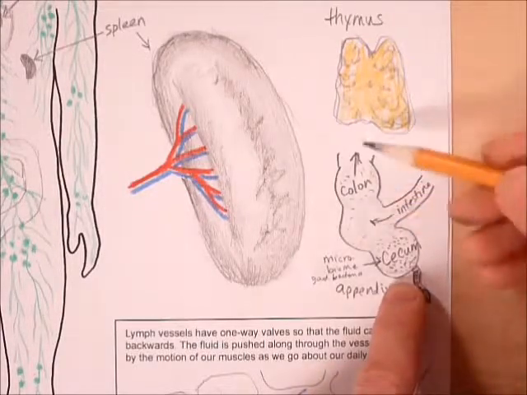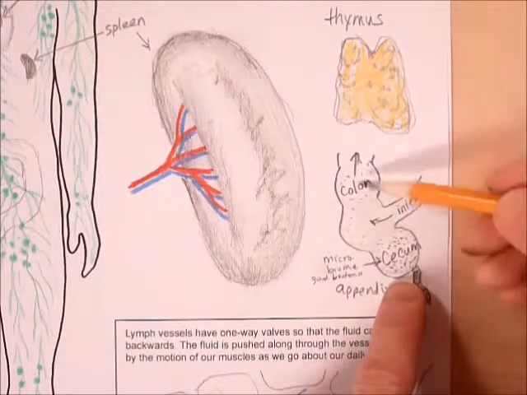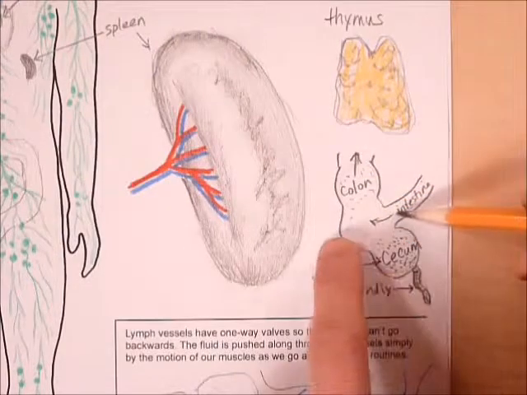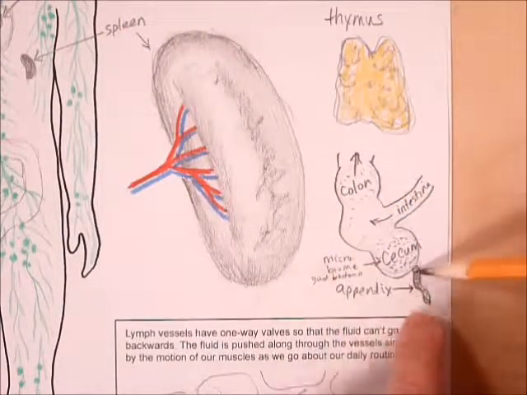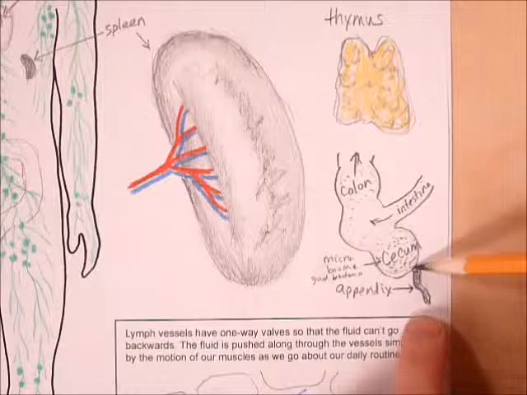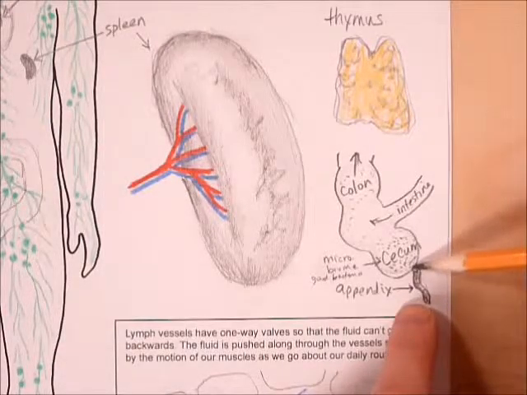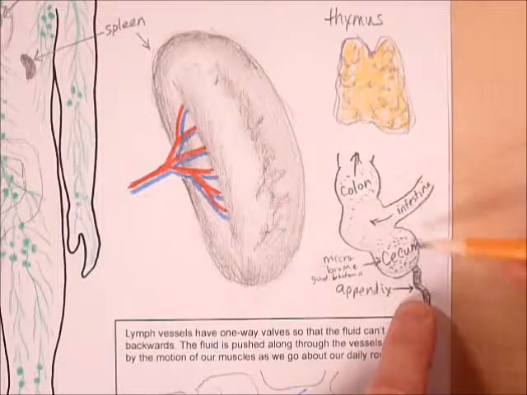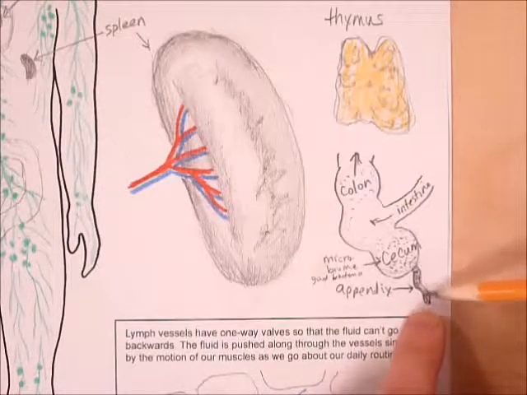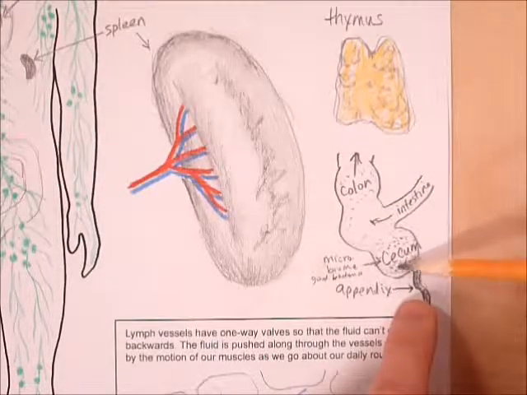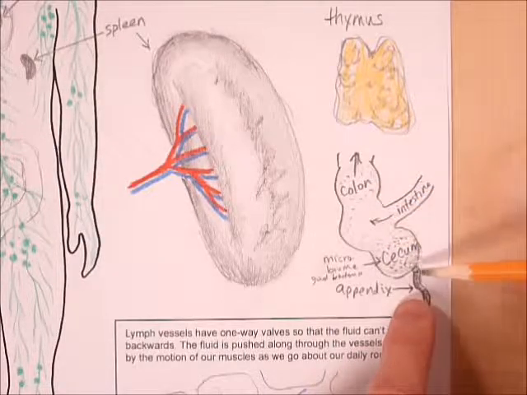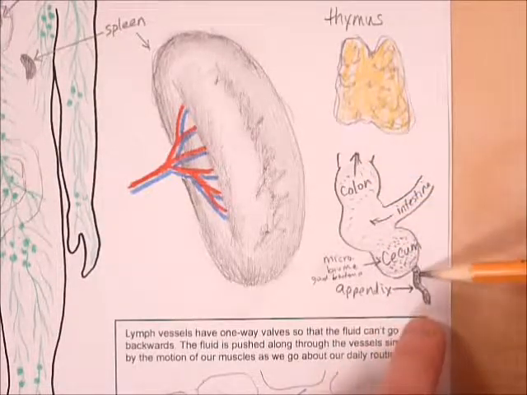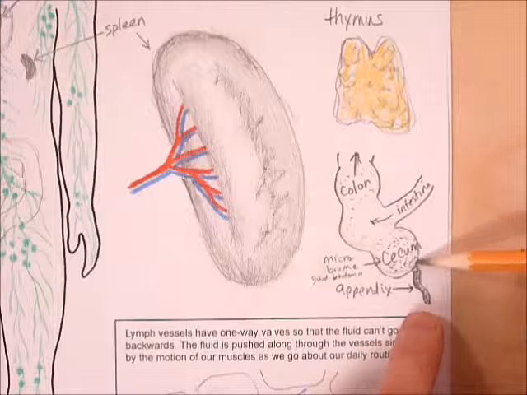Or if you're taking antibiotics or something that's destroying your microbiome, hopefully the appendix is going to be a safe hiding place. And when it's all over and your body says, okay, I need to regrow my microbiome, these guys can come out again, start multiplying and repopulate your gut after you've been sick.